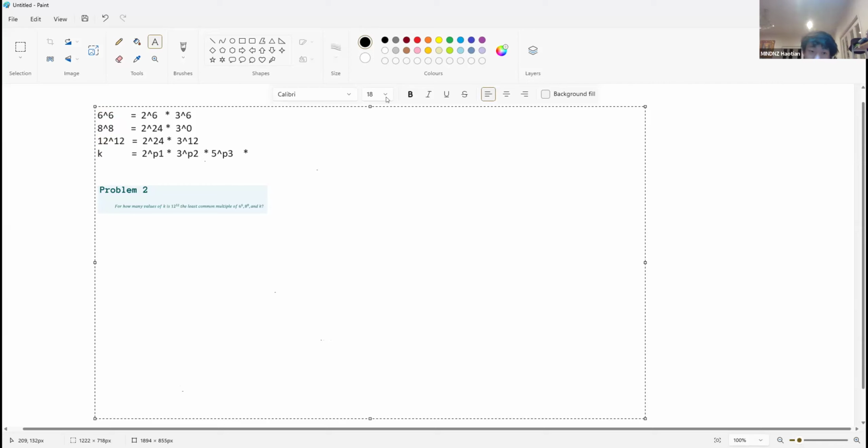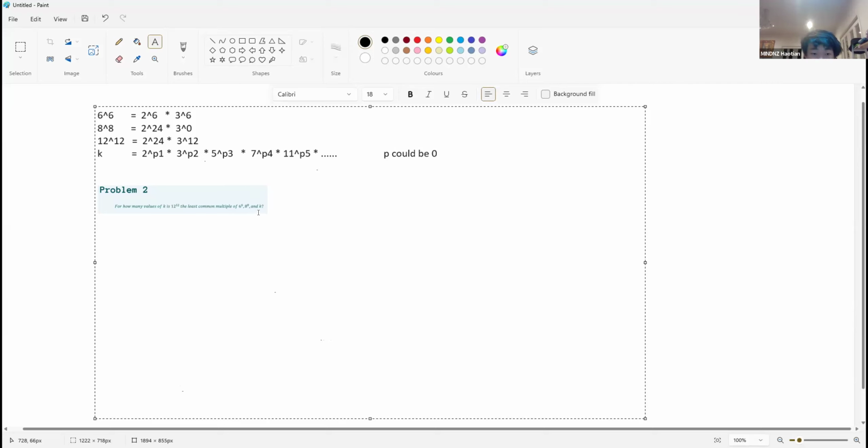Firstly, let's prime factorize these numbers, which I've done. And then let's say k is equal to 2 to the p1, 3 to the p2, 5 to the p3, 7 to the p4, and so on. These are just all the primes. And obviously, p could be 0.